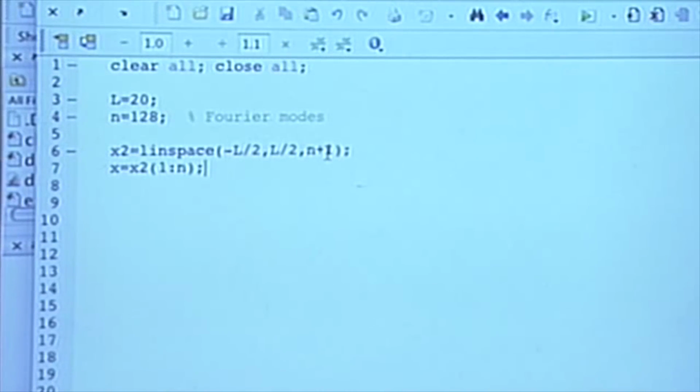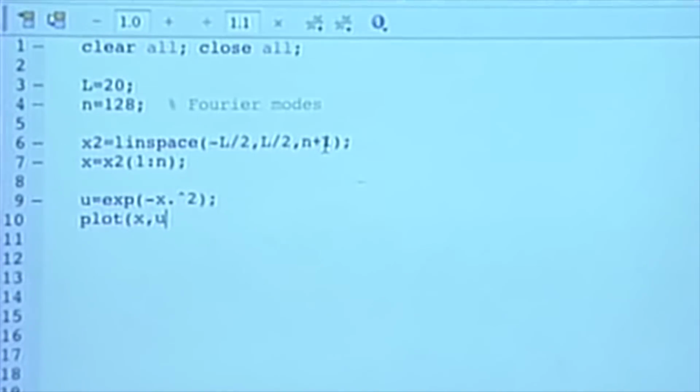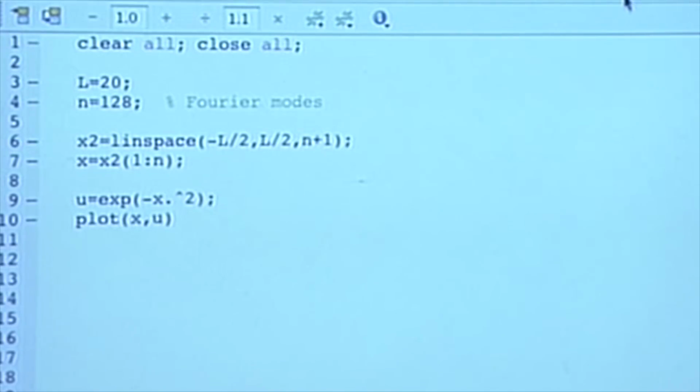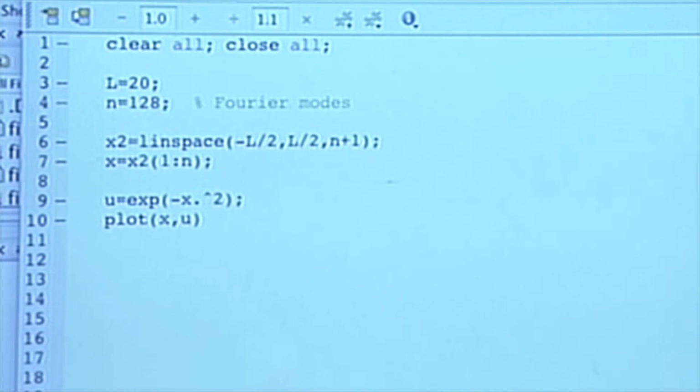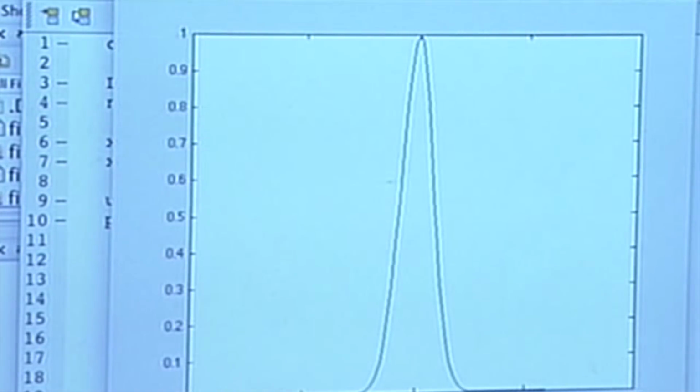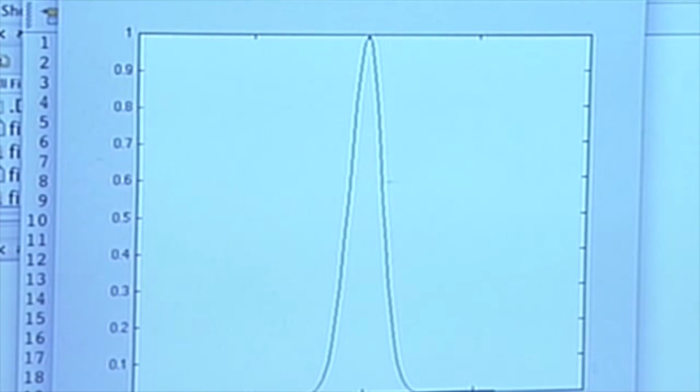Now let's take a function, a Gaussian, a simple function, and plot it. Plot x, u. There, look at that Gaussian. It turns out the Fourier transform of a Gaussian is a Gaussian. So we're going to Fourier transform this Gaussian and look at what we get.